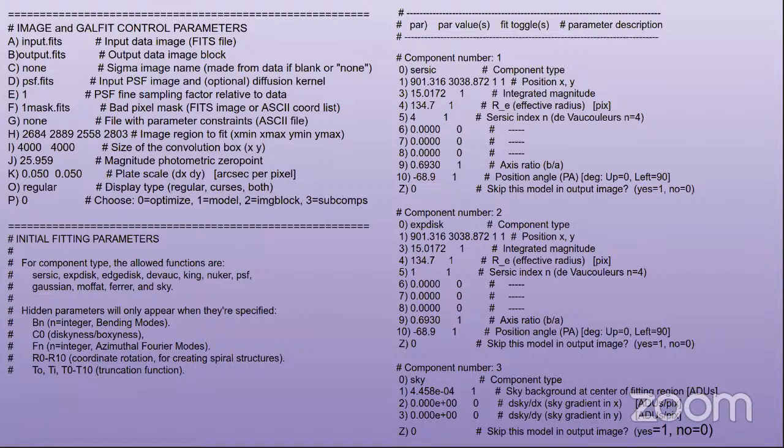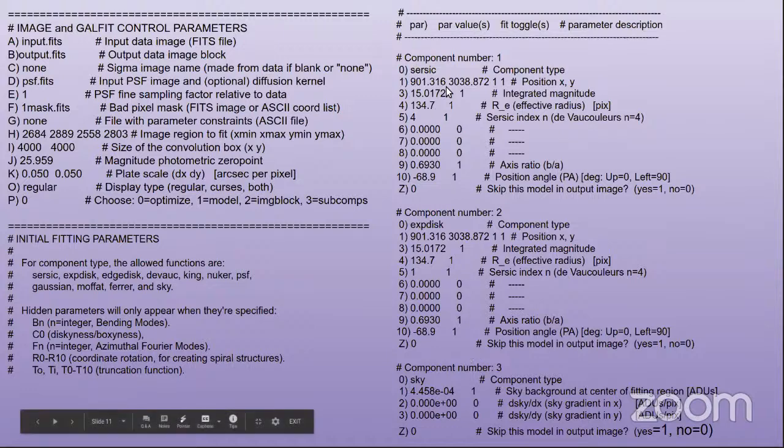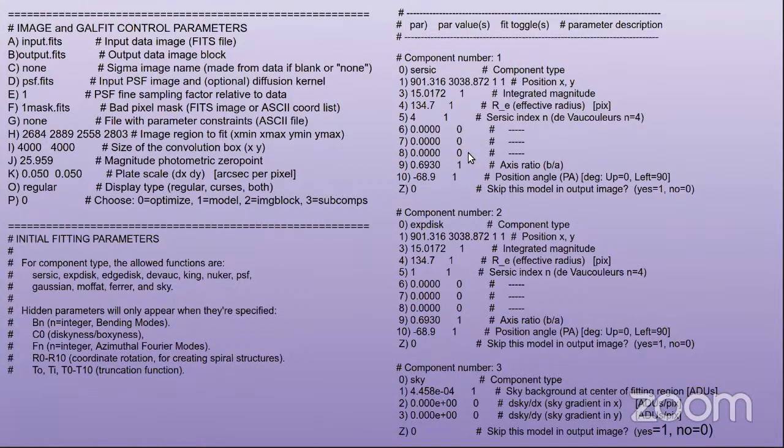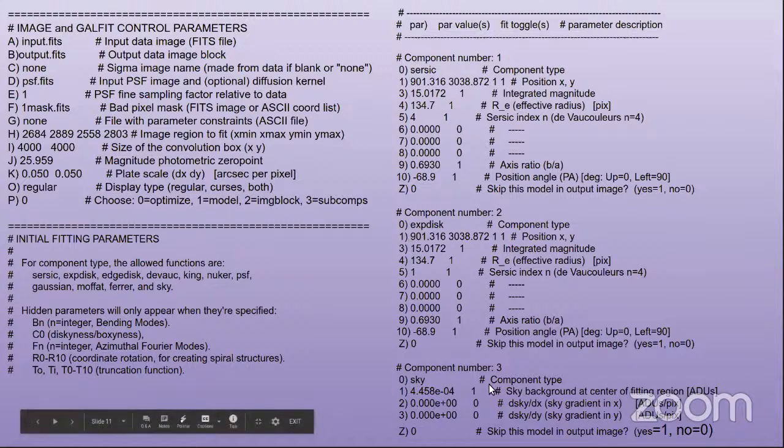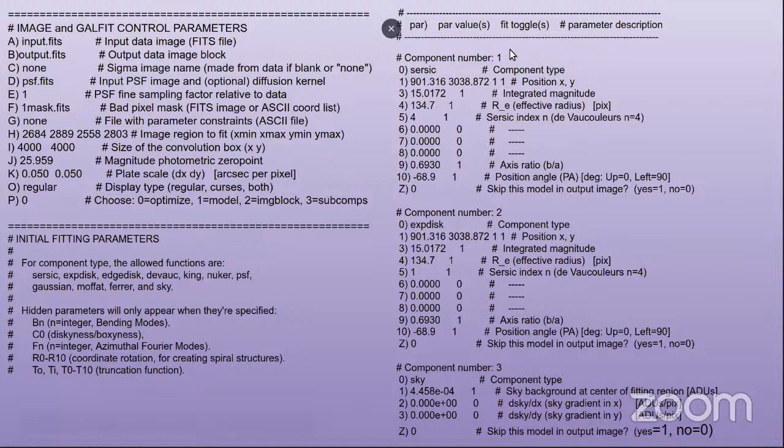And here there are the three components. I have used only these three components, but for objects where I have used multiple objects within the same region where I wanted to fit, I have mentioned 2 or 3 depending upon the number of objects in that region, and I have given a Sérsic profile for all those. Right now here I have one Sérsic and one exponential disk, and sky will be there in everything.